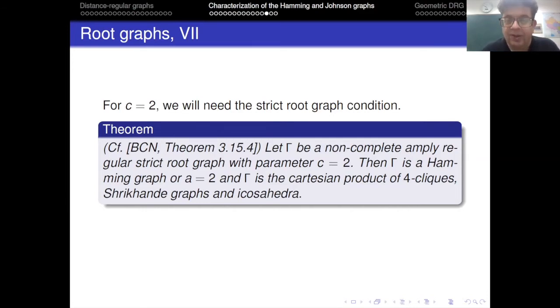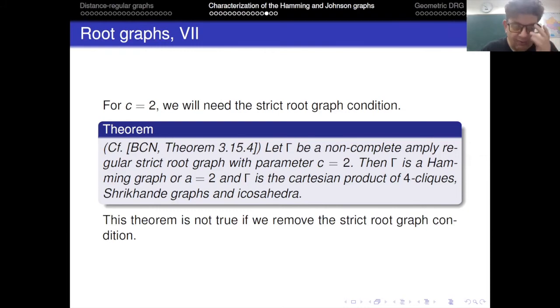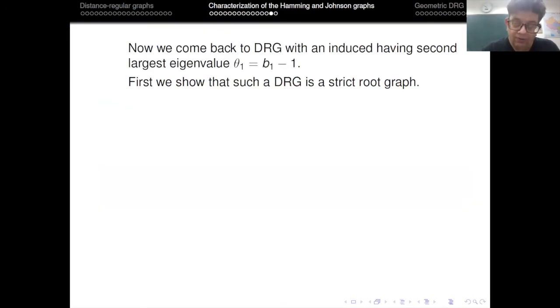Then either gamma is a Hamming graph, or if a is 2, then gamma is a Cartesian product of 4 cliques, the strict-handed graph, and the icosahedron. I already said that it's not true if we remove the strict root graph condition. With Andries Brouwer and Misha Klin, we found a counterexample. That's a paper that is also quite old, I think 2001 or 2002.